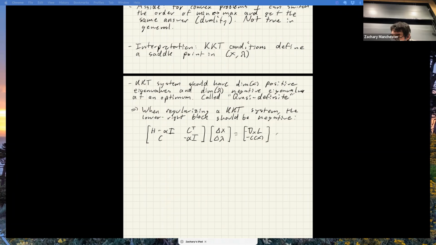And here, this alpha is the regularizer, for some alpha greater than 0. So the top left block is this Hessian block right here. And the bottom right block is this block right here, which is usually all zeros. In a KKT system, it's zeros by default. If you need to regularize though, this is the recipe.